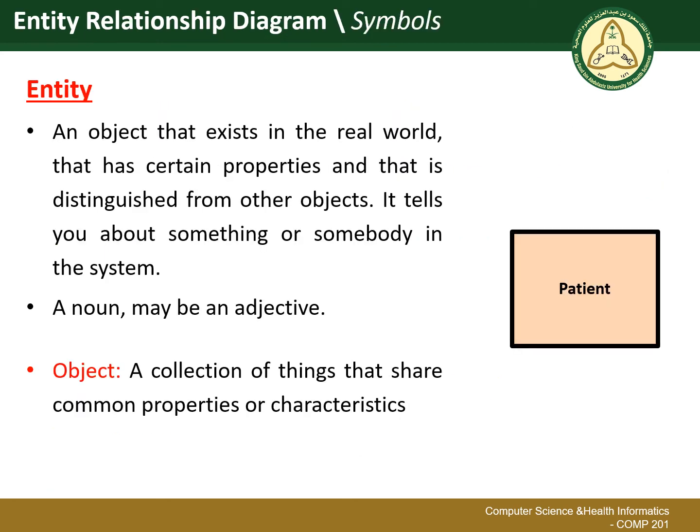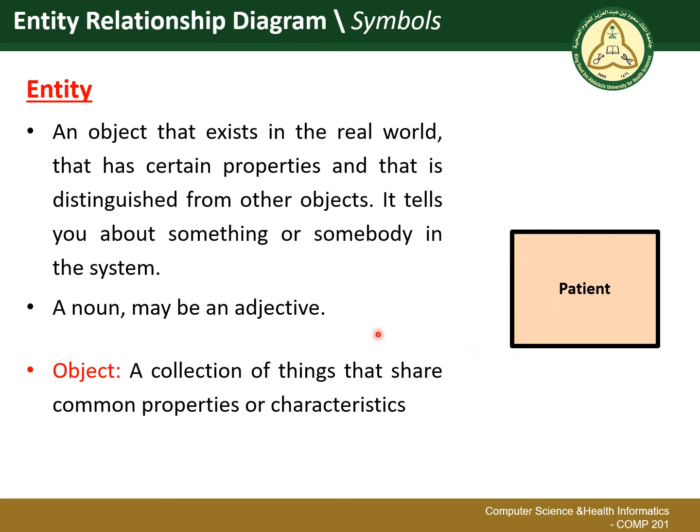So here the symbols of the entity relationship diagram. The entity will represent the table in the database. So it's any object that exists in the real world. It has certain properties that distinguish it from other objects. So it tells you about something or somebody in the system.